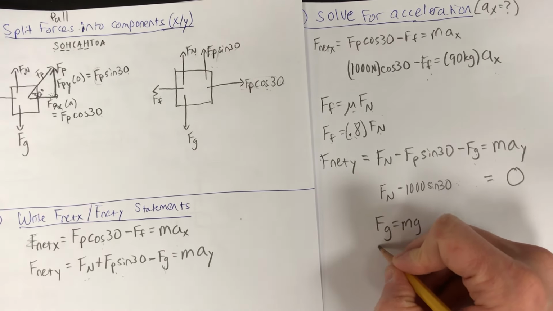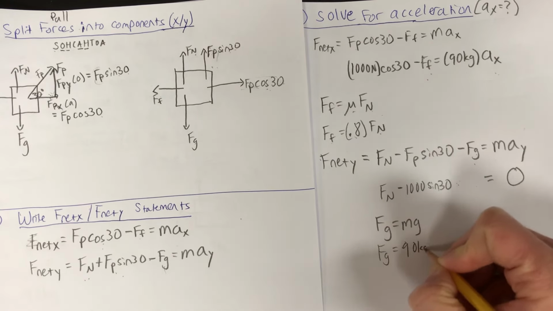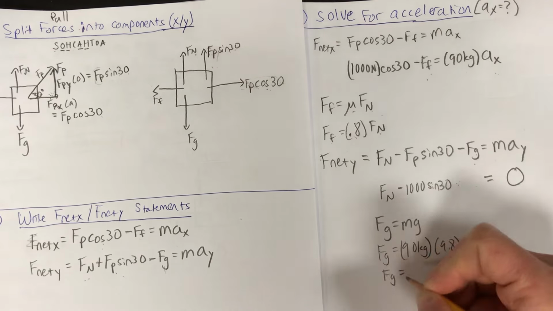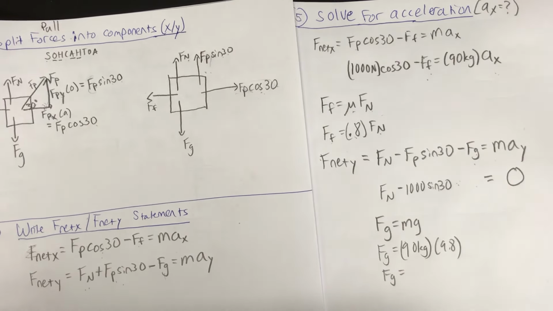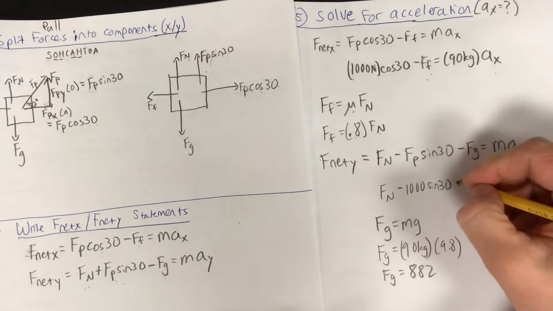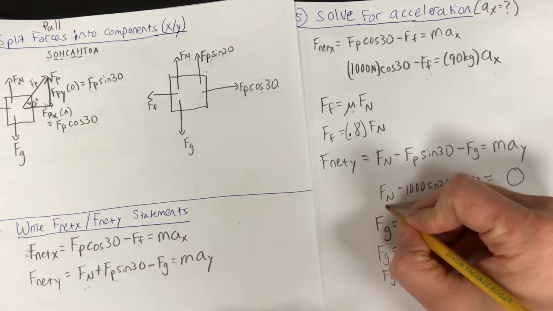So Fg is the 90 kilograms times 9.8. Now we're going to start calculating some things. 90 times 9.8 is 882. And now you have enough to plug in and solve for Fn.